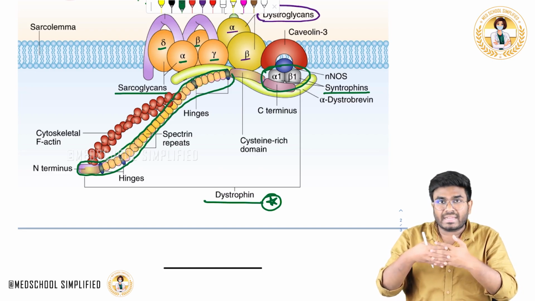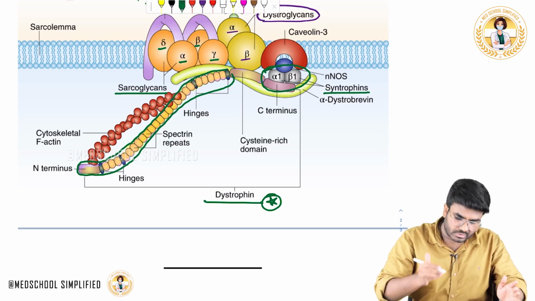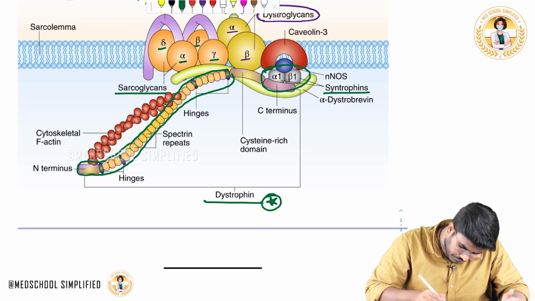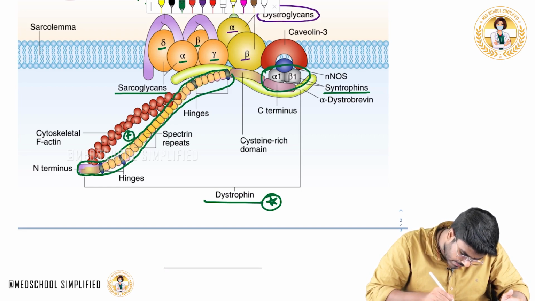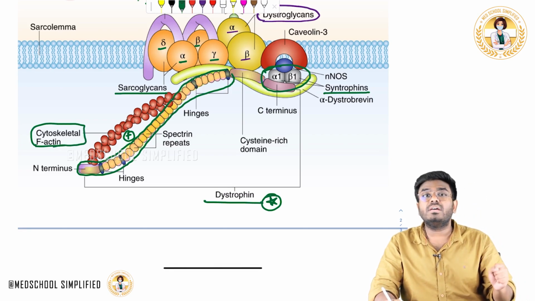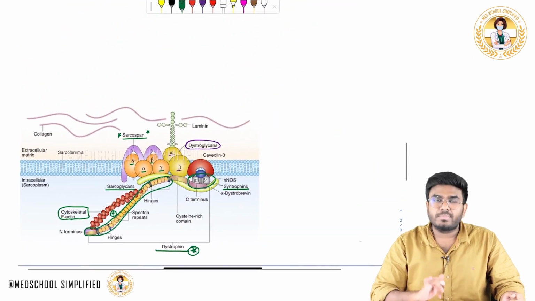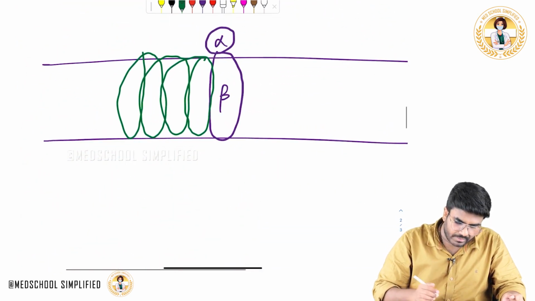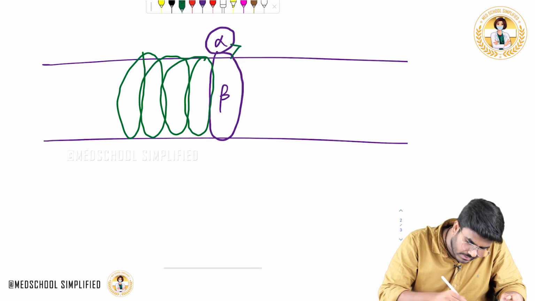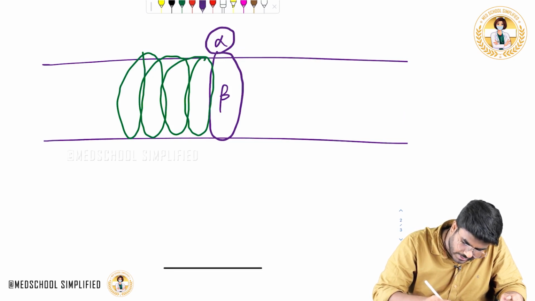I am not talking about the actin-myosin; this is different. This dystrophin is attached to the cytoskeletal actin filament, which gives the shape and structure of the cell. So now, simple, look here, alpha and beta, what are they? These are dystroglycans.